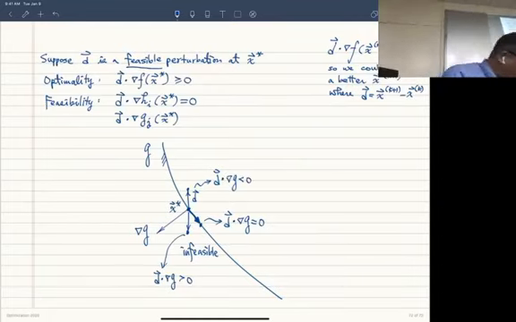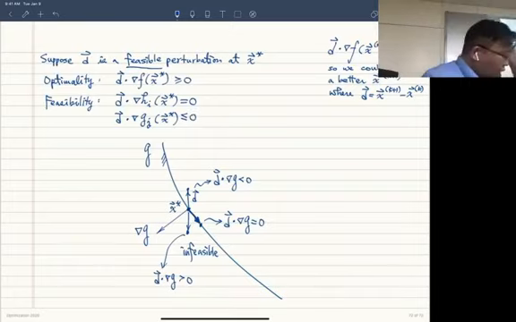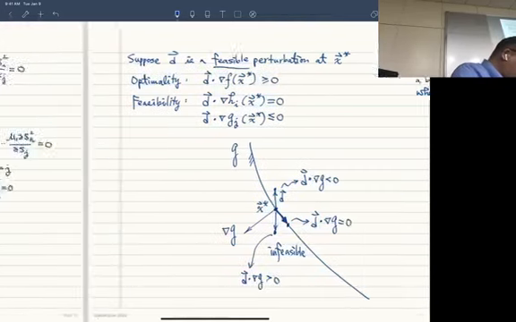So from this observation, in order to keep your perturbed point in the neighborhood of your optimal, the movement d dot product your gradient g must be smaller than or equal to 0. Okay, so this is how we have these three rules, and then we would like to apply these to what we had earlier.